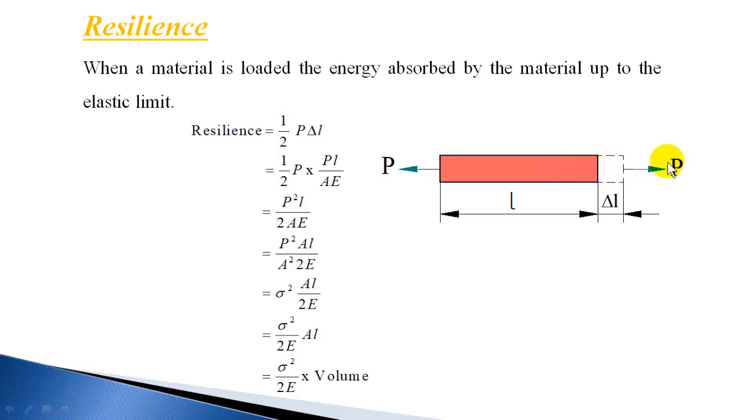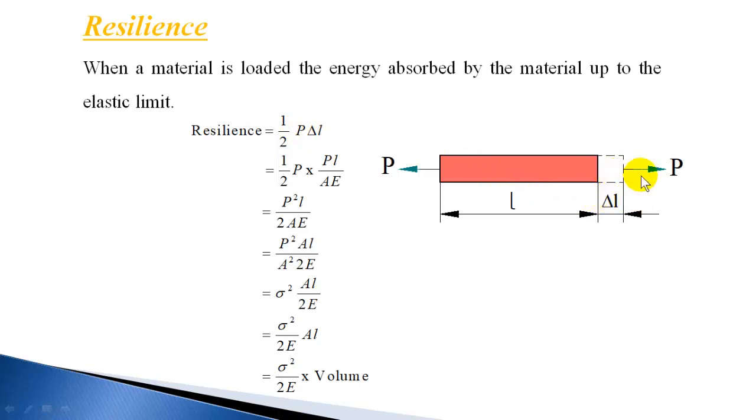Now the load applied is P, and it is a gradually applied load. We start from 0. The load starts from 0 and increases to P. So the average force acting on the material is (0 + P)/2, or P/2.